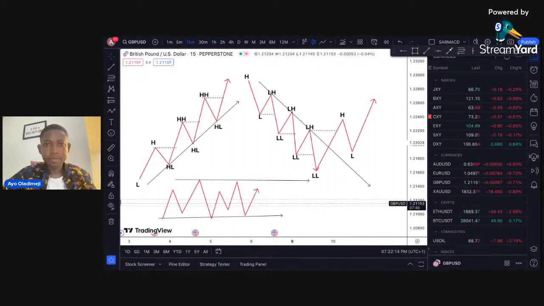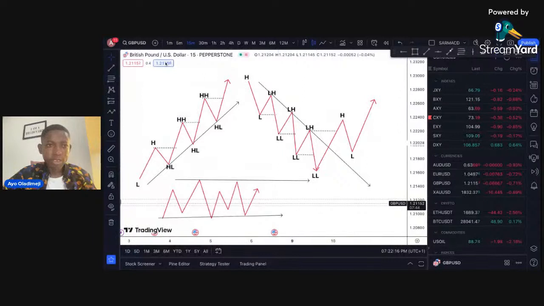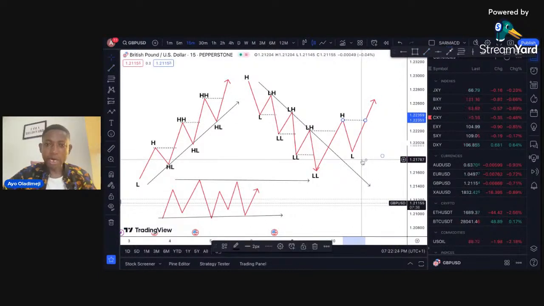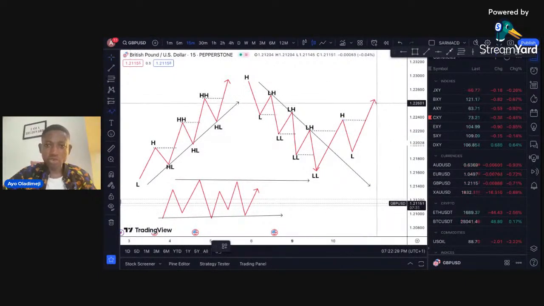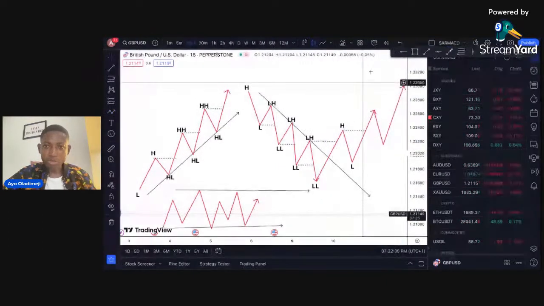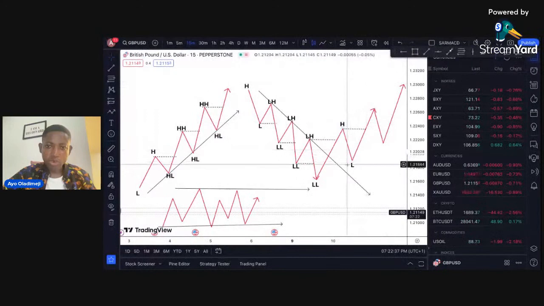And given what I told you about the uptrend, for an uptrend to be valid, there has to be a break of a high. Now, this low has broken this high. So what do you think it's going to do? It's going to pull back to give us another impulse leg in an uptrend series. And so what we now have is a high, low, higher high, higher low, higher high, higher low.